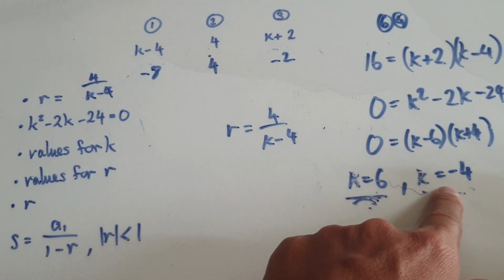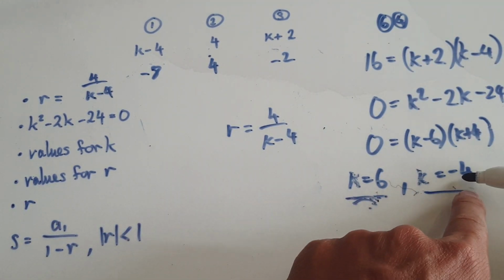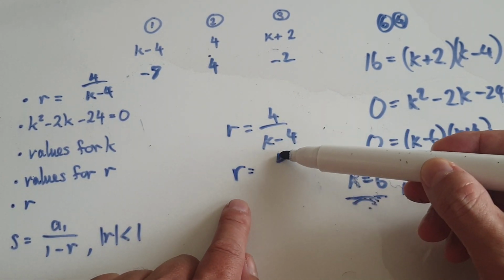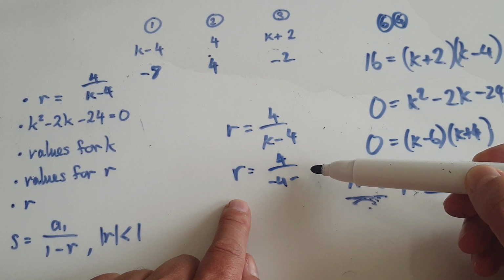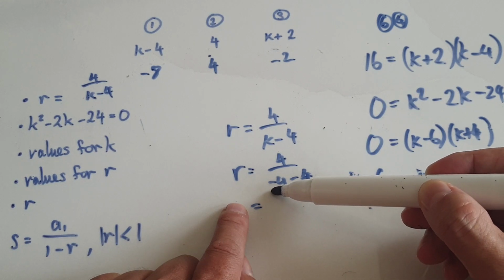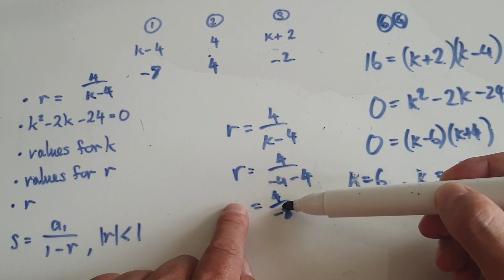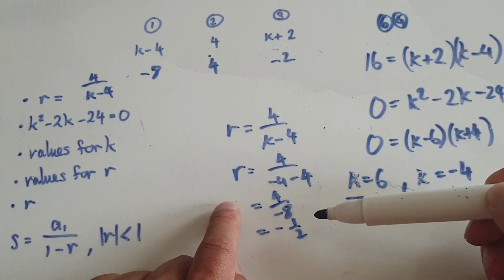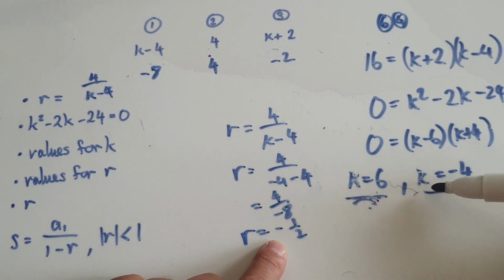Let's have a look at the common ratio when k is negative 4. So the common ratio would be 4 over negative 4 take away 4. So that would be 4 over negative 8, which means it's negative a half. So our common ratio is negative a half for k equals negative 4.